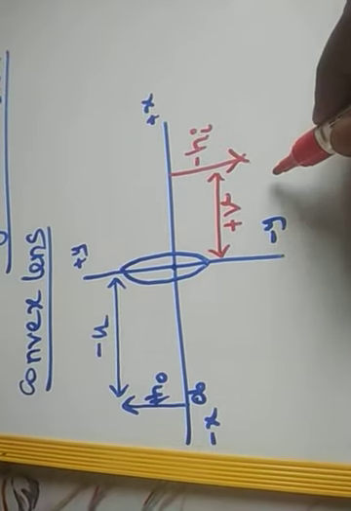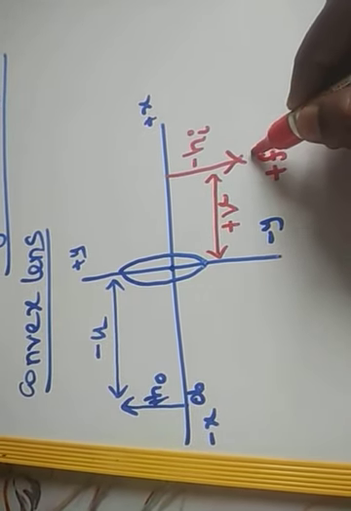Generally the convex lens focal length is positive.